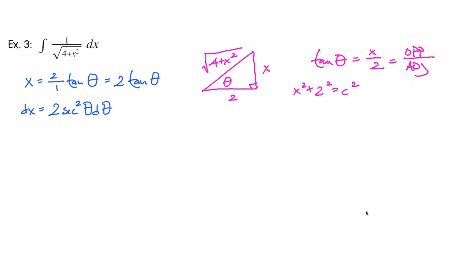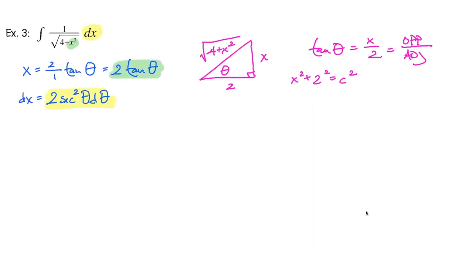So now that we've got everything set up, let's go ahead and make all of our substitutions. So everywhere we see an x, we're going to need to make that into a 2 tangent theta. And everywhere we see the dx, we're going to need to put 2 secant squared theta d theta. I can't stress this enough, how important it is to make all of the substitutions.